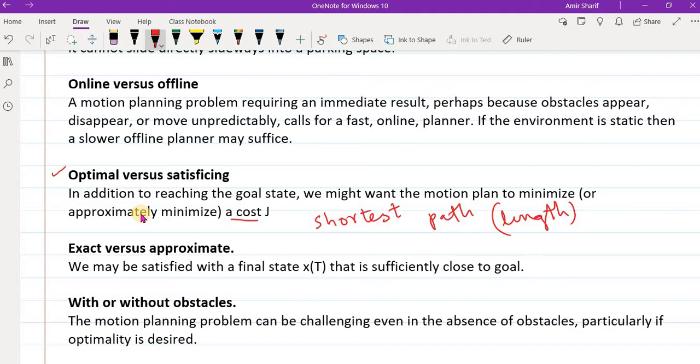We want our motion planner to find the exact solution to the problem, but sometimes finding the exact solution requires so much energy and computational power that our other option is to go for an approximate solution, which does not guarantee a 100% accurate result, but your result will be sufficiently close to the goal or the final state.